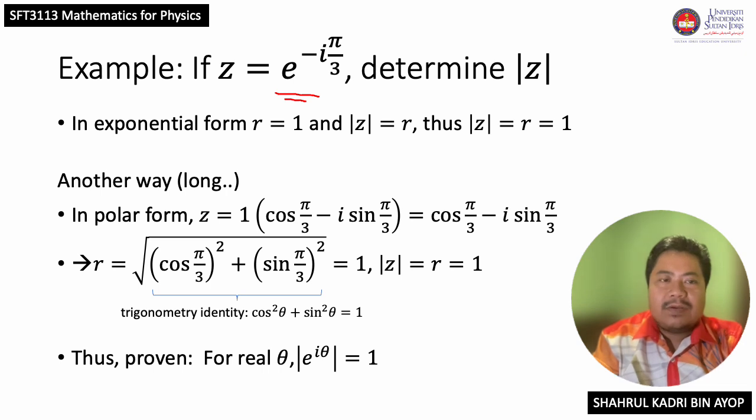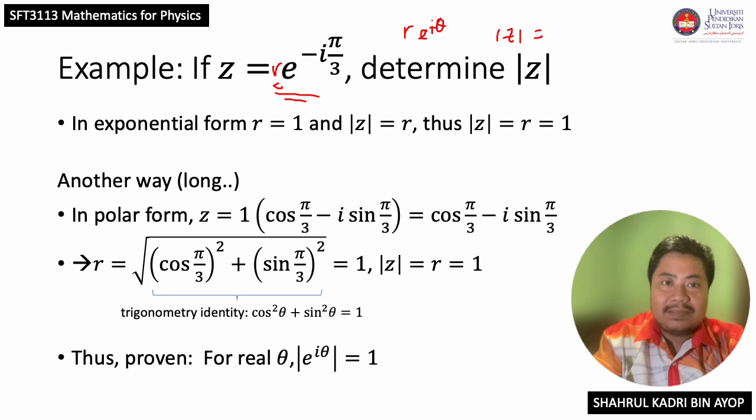From the standard exponential form e^(i theta), we know that r here is 1. Directly, because the modulus of a complex number is equal to r, we have the modulus equal to r. So this is easily known.